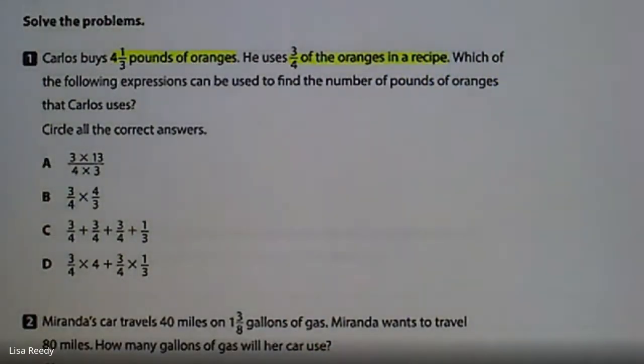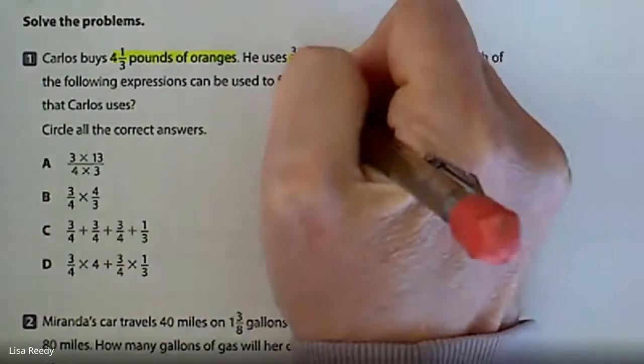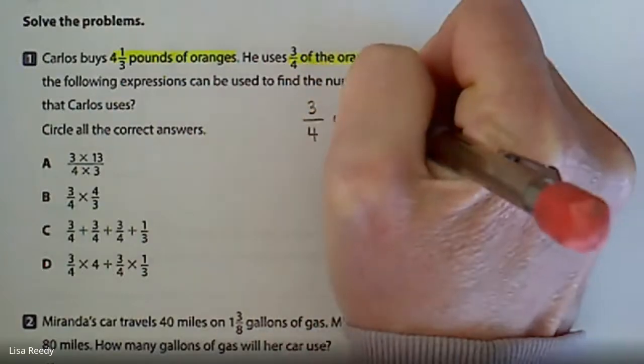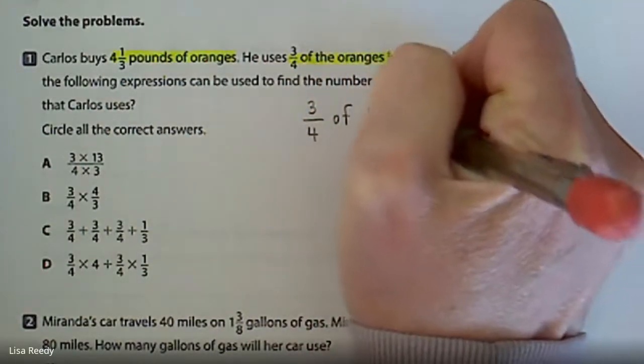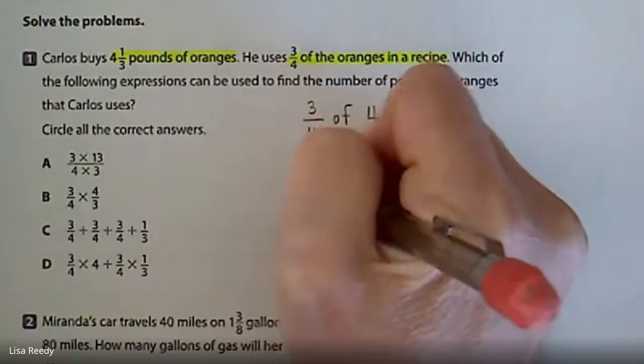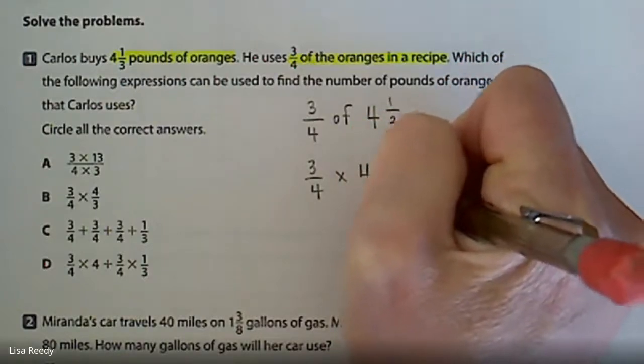So in this problem, what we're doing is finding 3/4 of 4 1/3, that part of the part, which means we're doing 3/4 times 4 1/3.